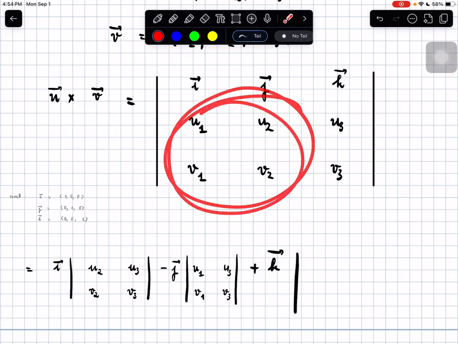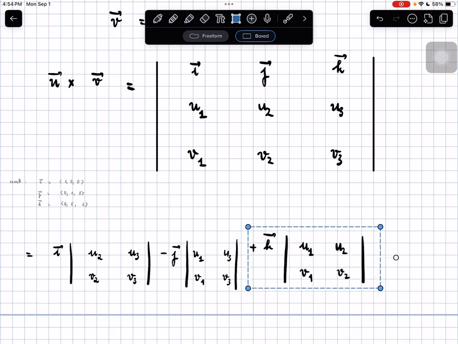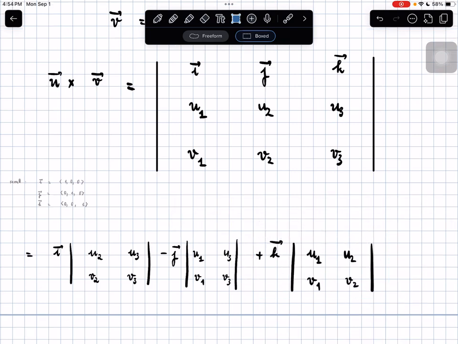What is left is u1, u2, v1, v2, and this vector is u cross v.